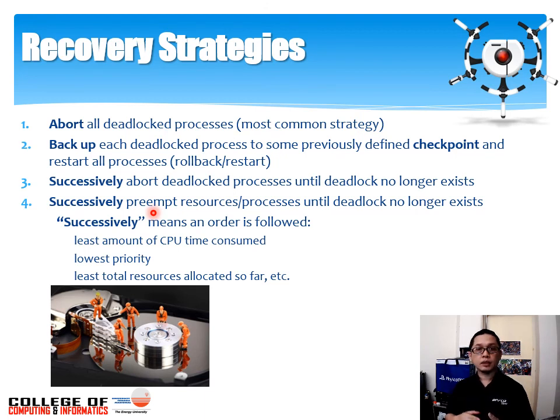If it still happens, try to release the resource that is being held by P2 and go on until you see whether all of the processes can actually continue or not. Okay, so you can try all of these methods to recover from deadlock.